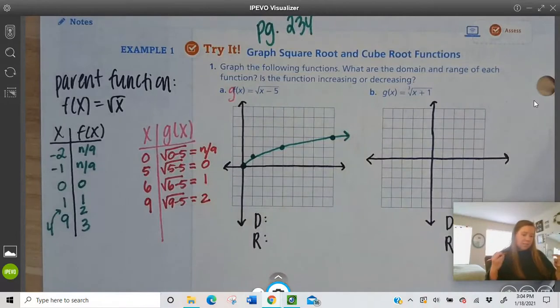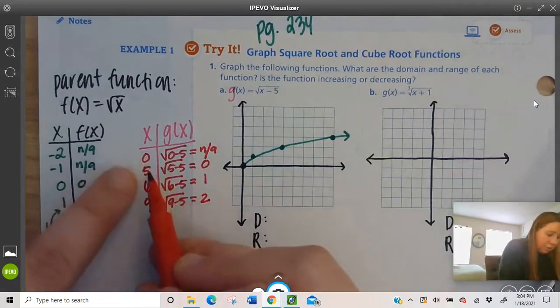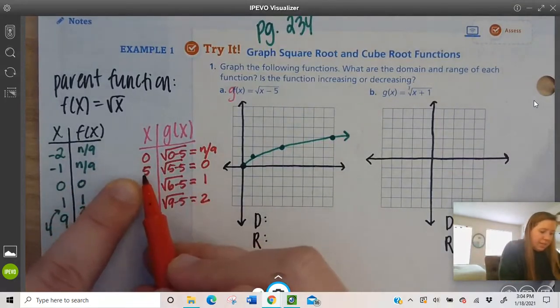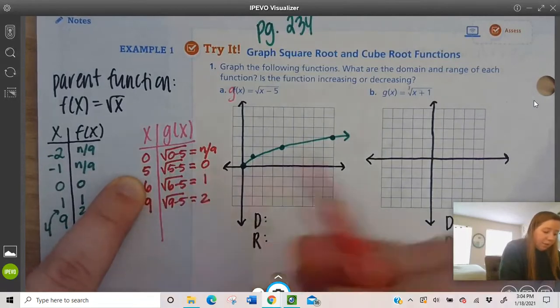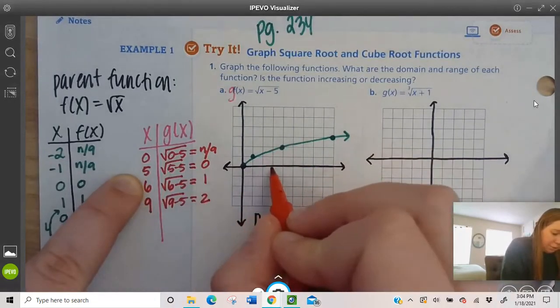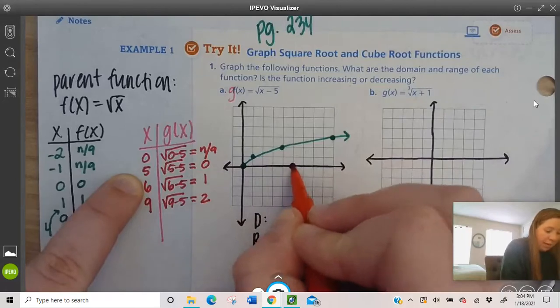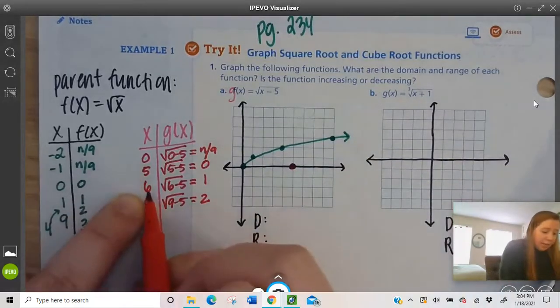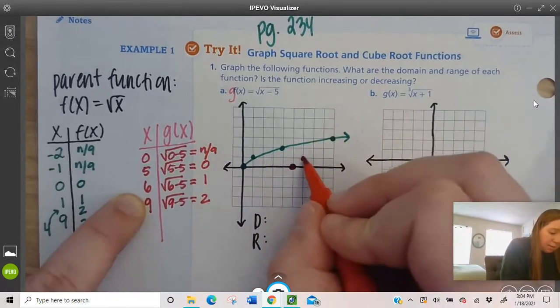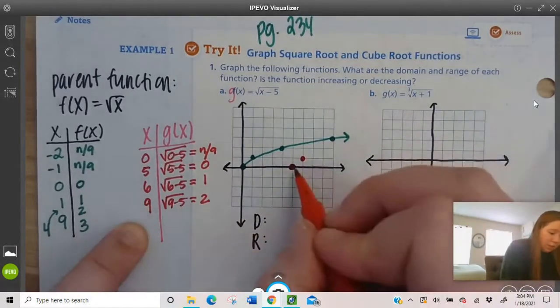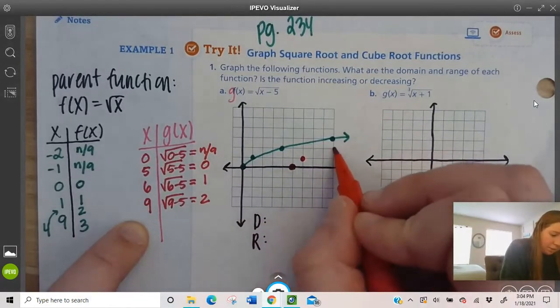So that should give us a nice start to our graph to see what our function is going to look like here. The first real point that we're going to see is x is 5, y is 0. So I'm going to go over 1, 2, 3, 4, 5, and put a point on my x-axis. And if I go over 6, up 1, and then over 9, up 2.